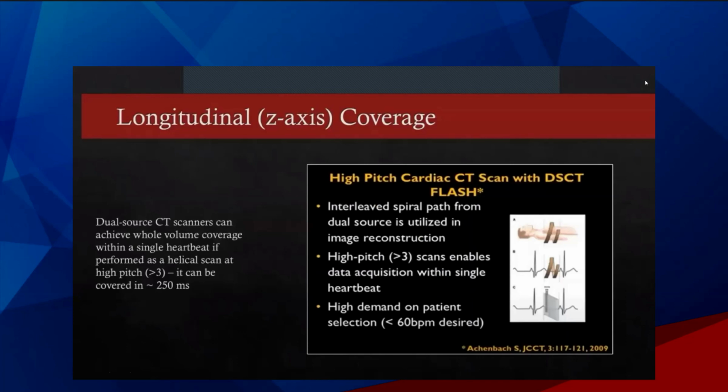On the Siemens dual source systems, a high pitch greater than 3, prospectively ECG triggered helical mode is available. In this so-called flash mode, single heartbeat imaging is possible, although this mode is somewhat limited to patients with low heart rates, typically less than 60 or 65 beats per minute.